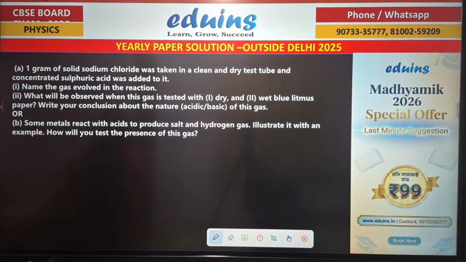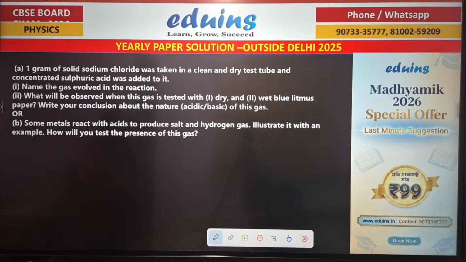Okay, 1 gram of solid sodium chloride was taken in a clean and dry test tube, and concentrated sulfuric acid was added to it. Name the gas evolved in the reaction. We have to solve it by part. Okay, what will we observe when this gas is tested with dry and wet blue litmus paper?